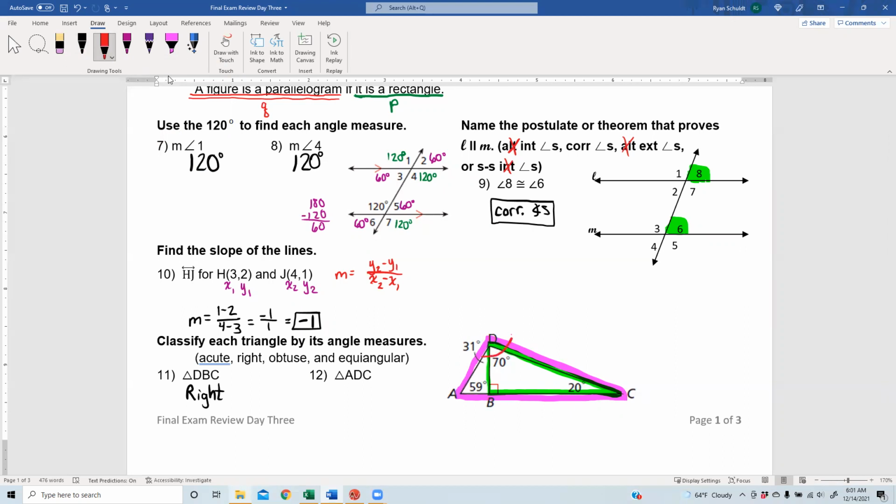What's the whole angle D? Whole angle D is 101. That 101 makes ADC an obtuse triangle. I'll make that 101 just a little bit clearer.